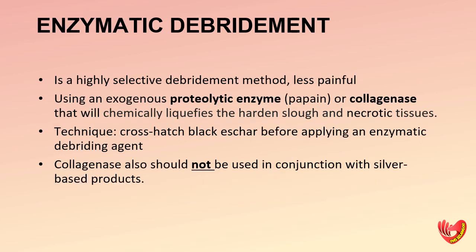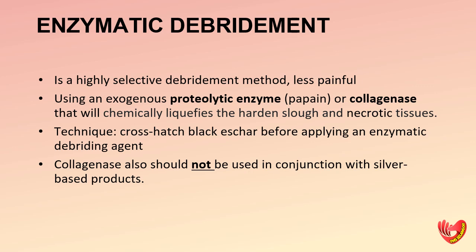The fourth type of debridement is the enzymatic type. It is a highly selective debridement method and it is also less painful. It is done using an exogenous proteolytic enzyme, which is papain or collagenase, that will chemically liquefy the hardened slough and necrotic tissues.